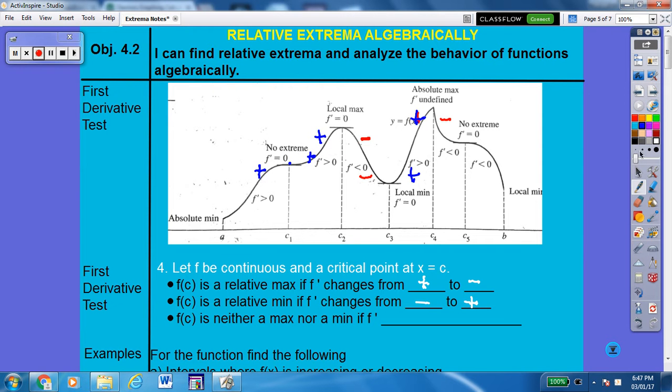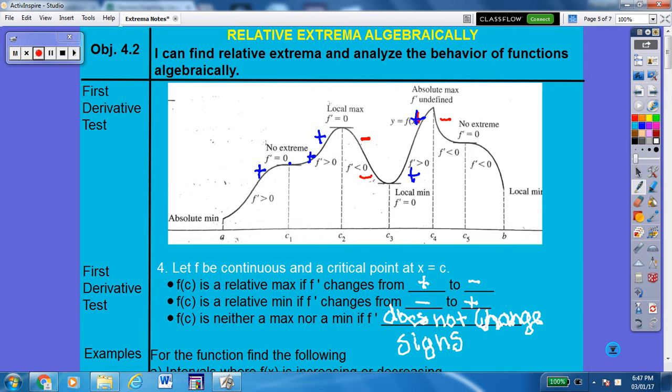If there's no sign change in the derivative, then f of c, in this case, is neither a max nor a min. So this happens if f prime does not change signs. Put that in there. Okay? Because there was no direction change.